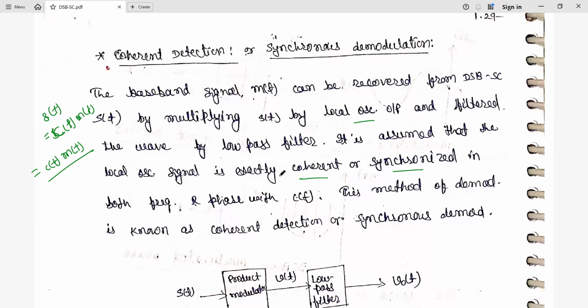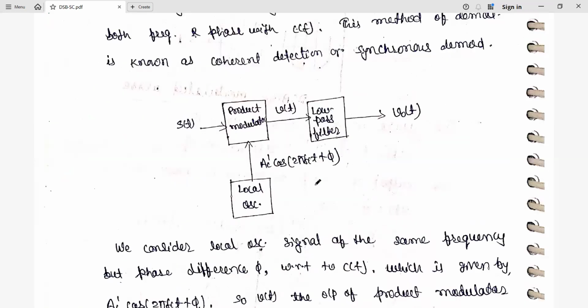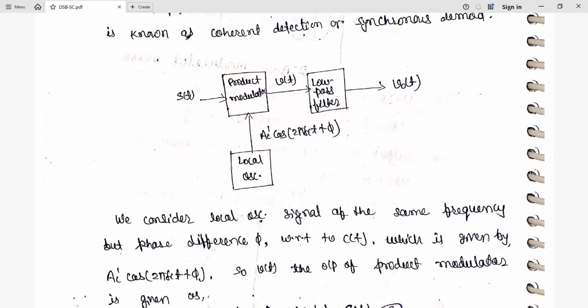Later you will see that the desired signal has low frequency components and the unwanted signal has high frequency components. So now we have to use the low pass filter to obtain our desired signal, and the high frequency component will be removed.